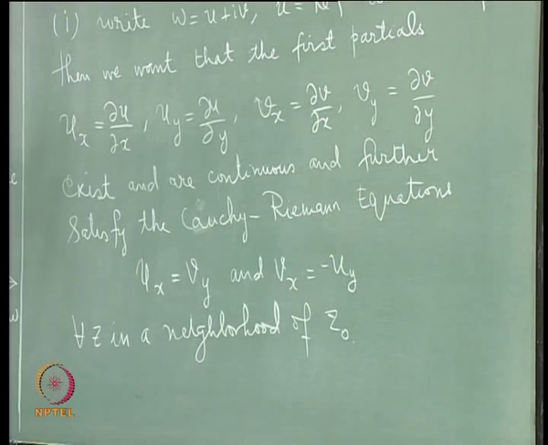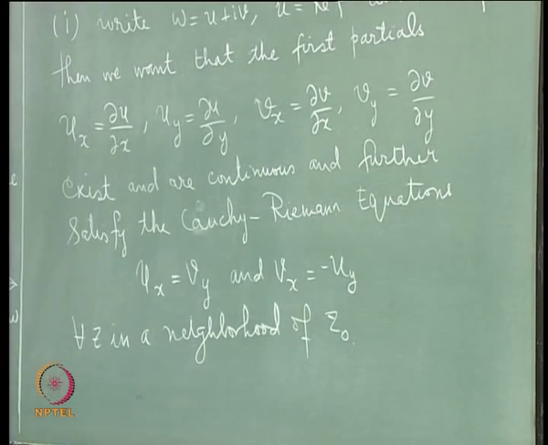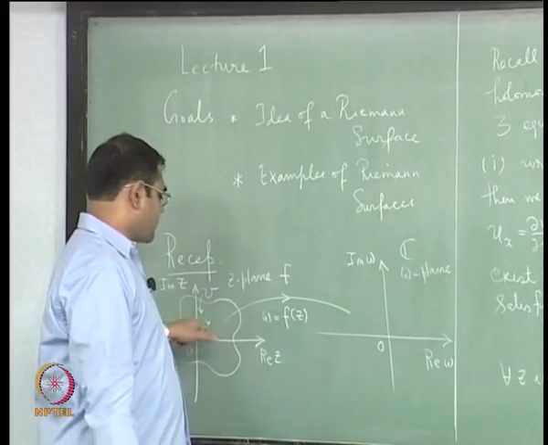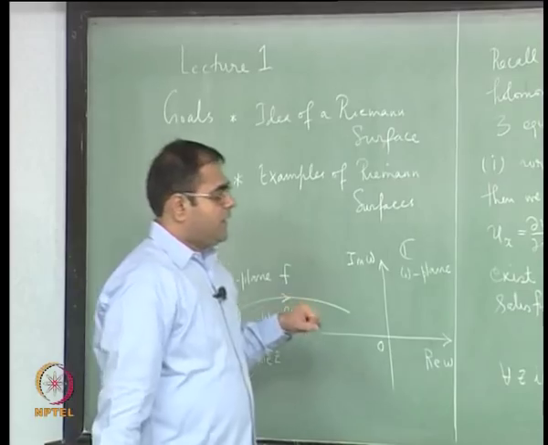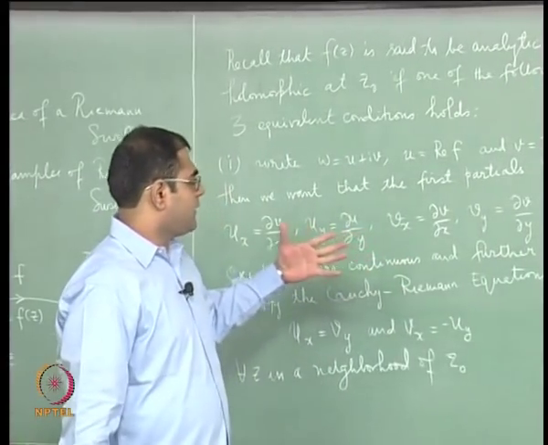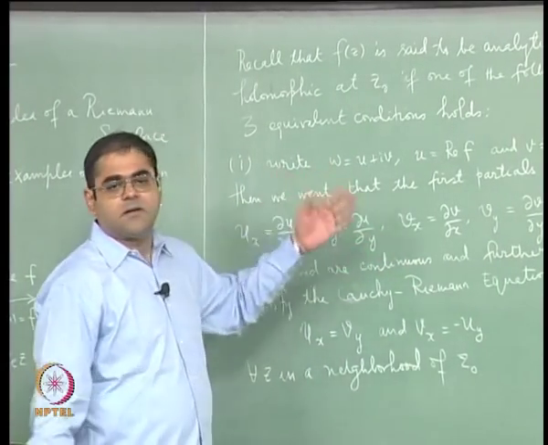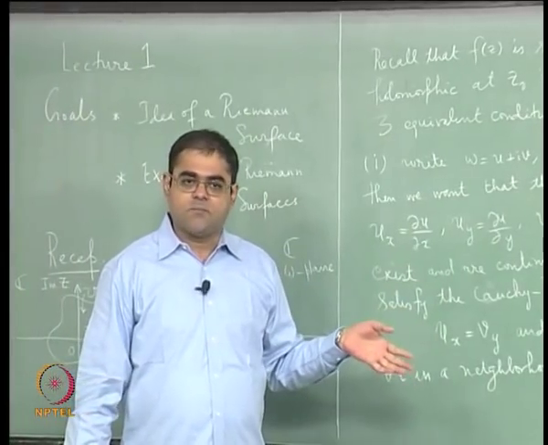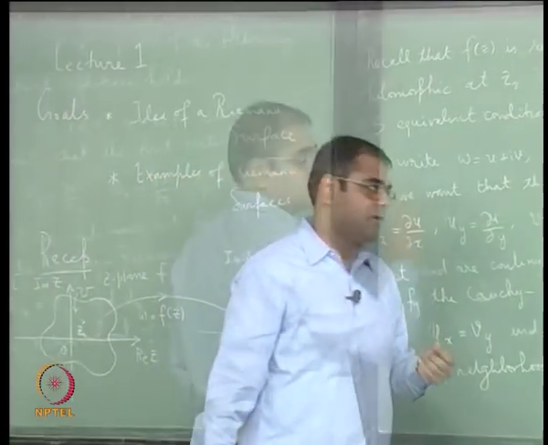So this is one condition that would define f to be analytic or holomorphic at the point z0. Usually this is the condition that you come across in a first course in complex analysis, which I think all of you have done.